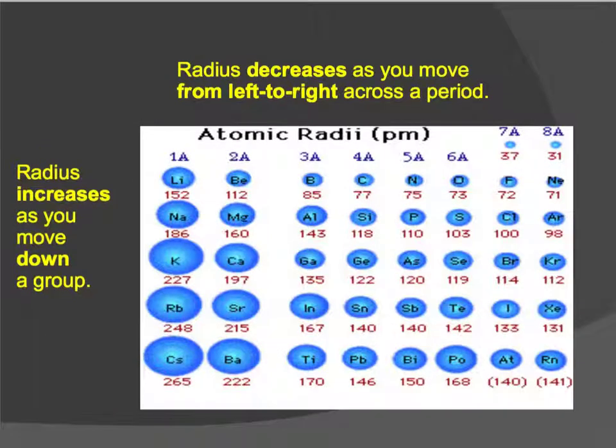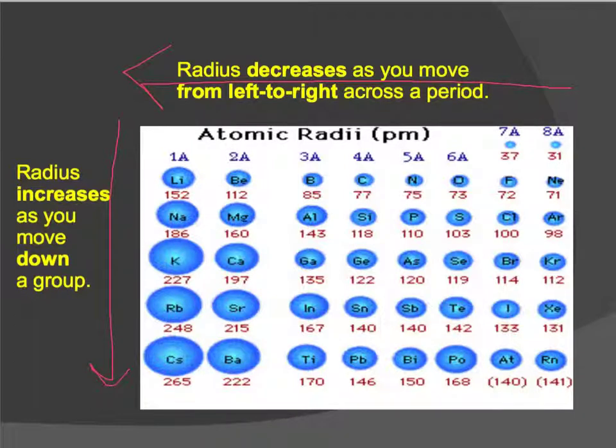So when we look at this trend of atomic radius, it decreases as you move from left to right across the periodic table, meaning that it increases from right to left. So if we were to draw our arrow on here of the way it is increasing, it's going to increase as you go from right to left, and it's also going to increase as you move down.